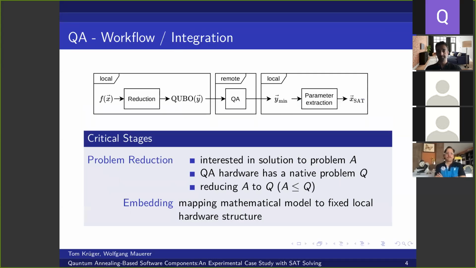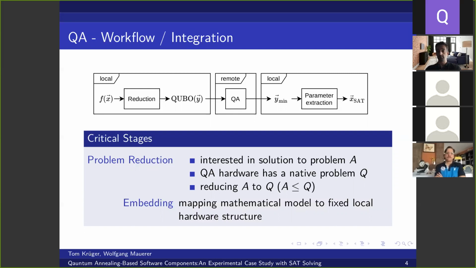Then, what does the integration look like? If we are interested in the solution to our problem or function f, then first we have to translate this function to the native problem of the quantum annealer, which is the QUBO function, and then we can pass this to the annealer, and then we get a result to this QUBO function back, which we then have to translate to a result to our original problem we were interested in solving.